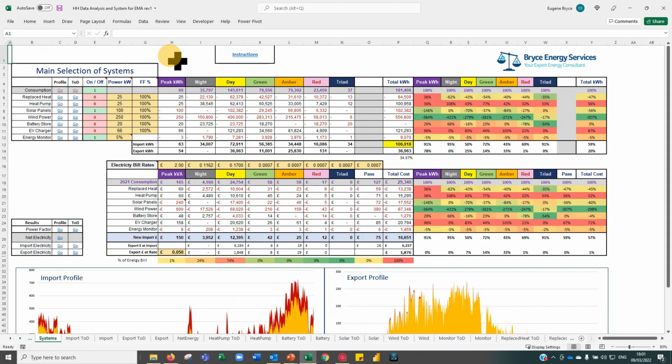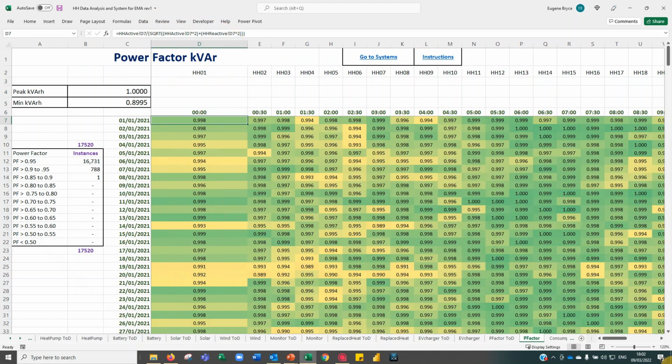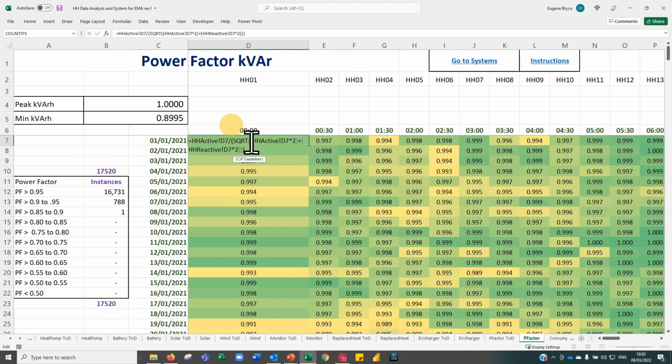If I go back to our systems, what we can look at firstly is our power factor, because we entered our reactive power. So if I go to profile, this is our reactive data, and it's actually our power factor. Let's move this cell out so you can see it a bit clearer. The formula is active power over apparent power.